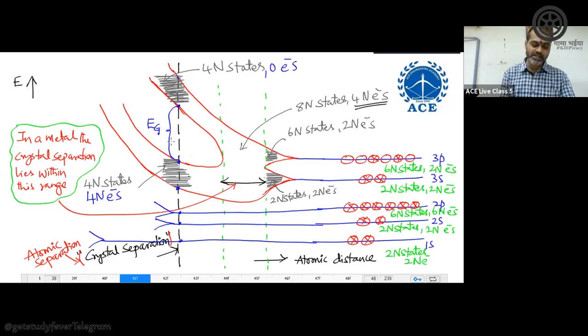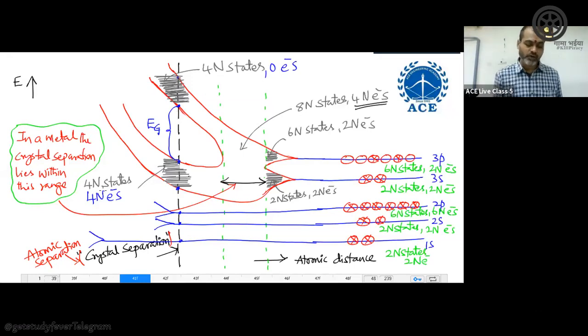Within the energy gap there are no allowed energy levels, and no electron can be present within this energy gap. That is the reason we call it the forbidden band. The name itself is indicating. So this is how the valence band and conduction band are formed.